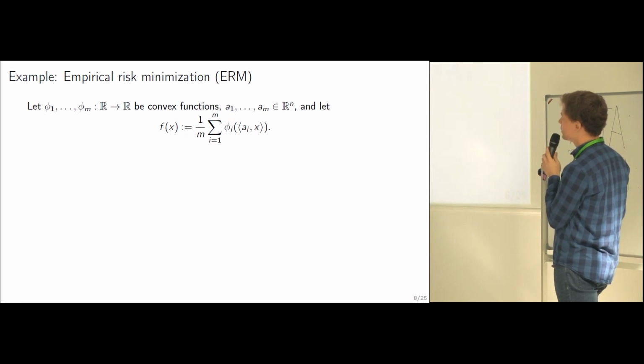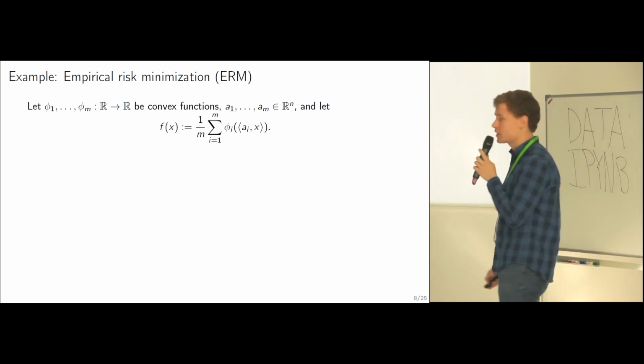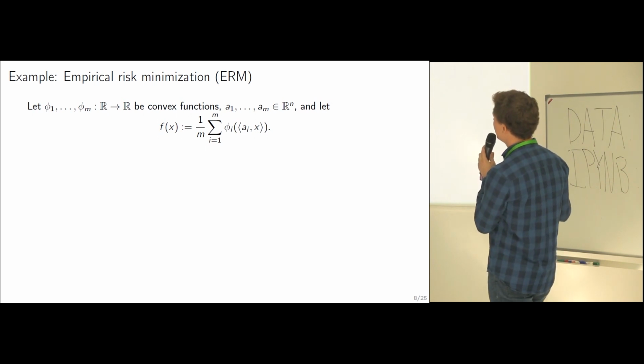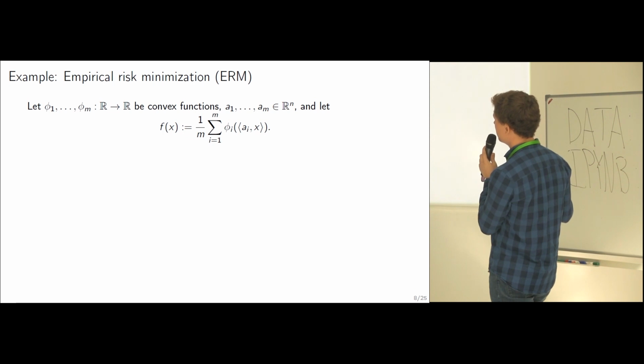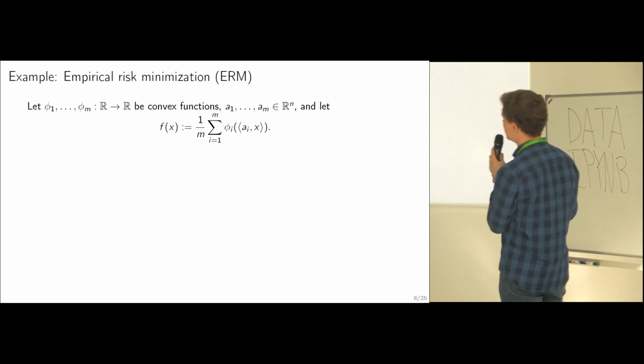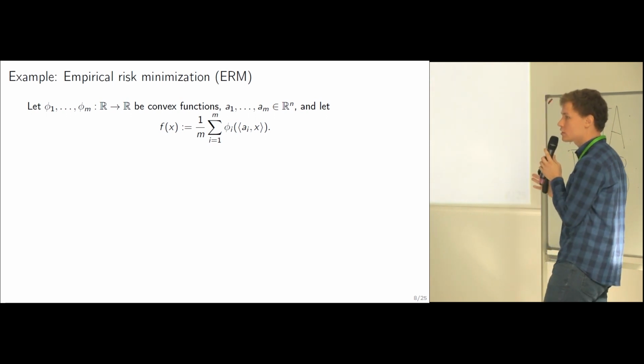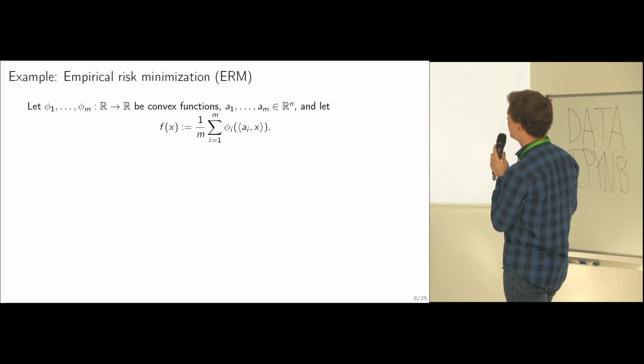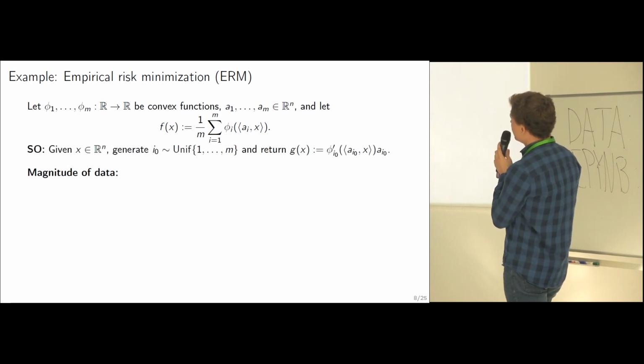This is again a particular case of a finite sum minimization, but here we assume that each function phi i is univariate, and our model simply takes the inner product between some vectors a_i and the weights of our model. In the context of machine learning, these vectors are the features of our objects.